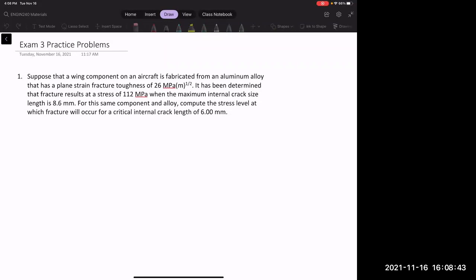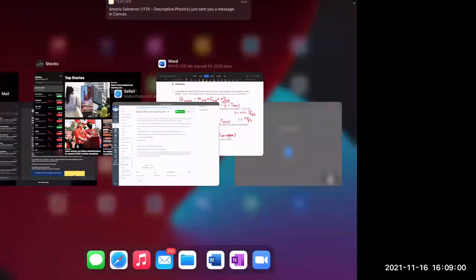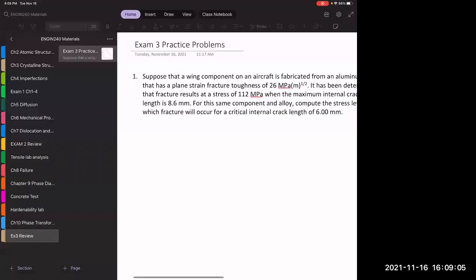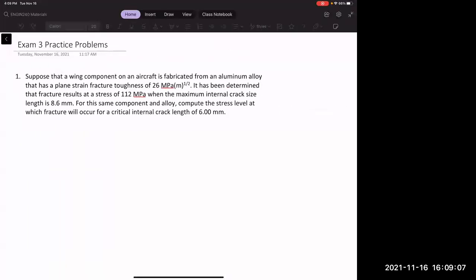The first problem over here talks about a component of an airplane fabricated with an aluminum alloy. I have to restart my notes because it doesn't allow me to write. So let me restart. The alloy they are going to use has some specs, and the spec is the plane strain fracture toughness.